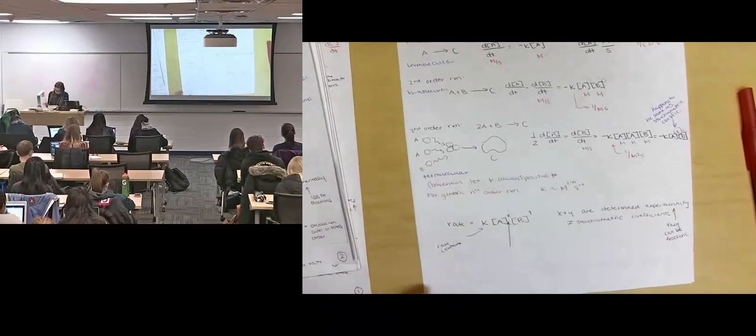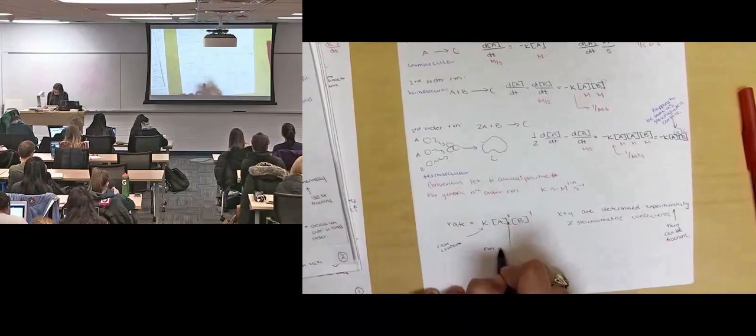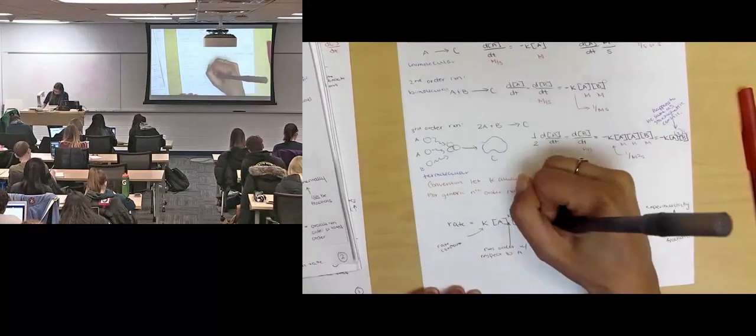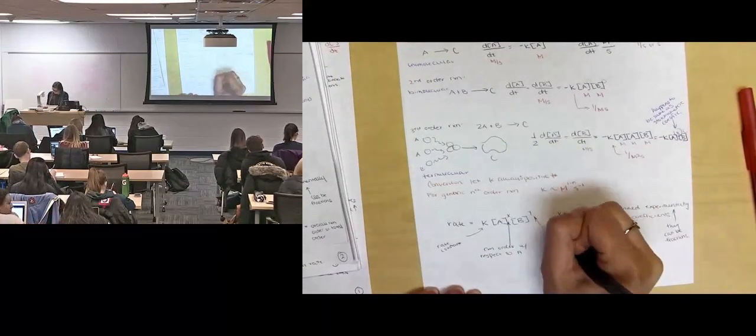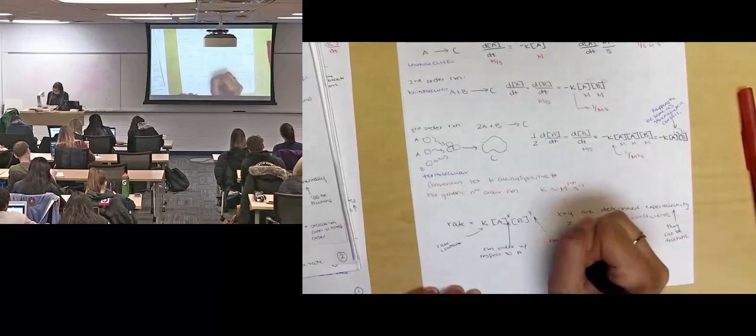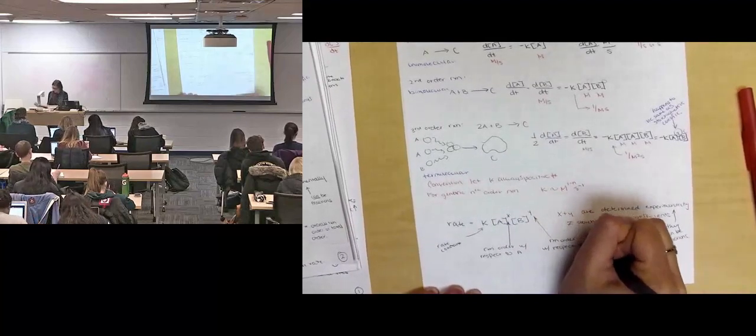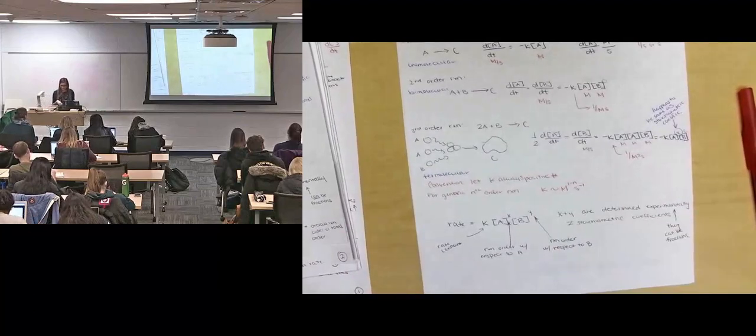X here is called the reaction order with respect to reactant A. Okay. This is the reaction order with respect to B. They don't have to be the same number.